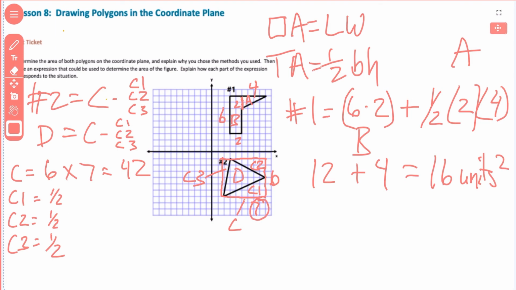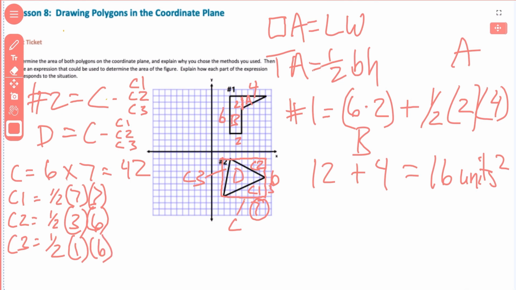That's the base of C1, right? So 7 times 3. Yep, there's 3. Well, if that one's 3, then C2 has to have one that is 3. And what is the other one? 1, 2, 3, 4, 5, 6. Okay. And C3 would be 1 and 6.